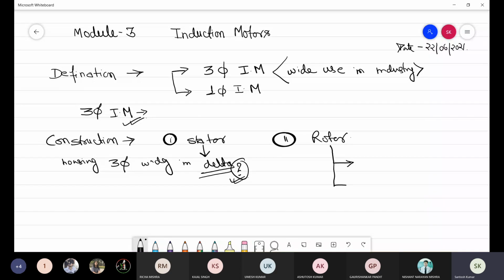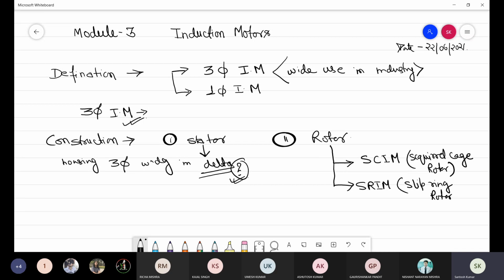One rotor is known as squirrel cage induction motor, based on the squirrel cage rotor. मतलब रोटर के हिसाब से ही हम इंडक्शन मोटर को डिफाइन करते हैं. सेकेंड क्लास ऑफ इंडक्शन मोटर इज नोन एज SRIM, that is slip ring induction motor based on slip ring rotor.